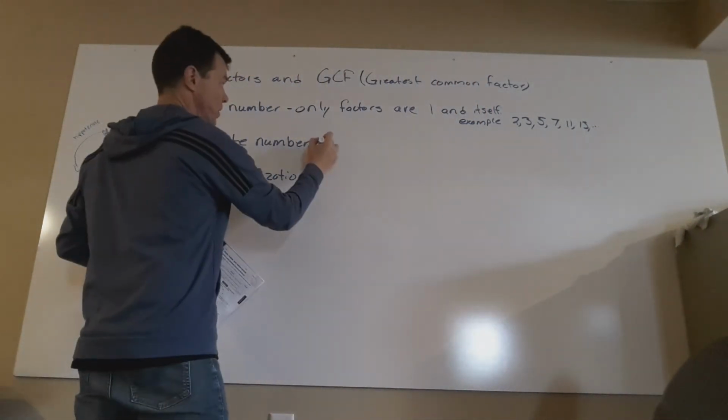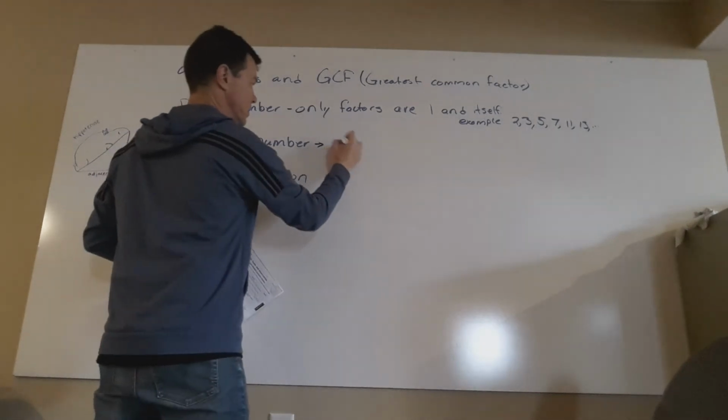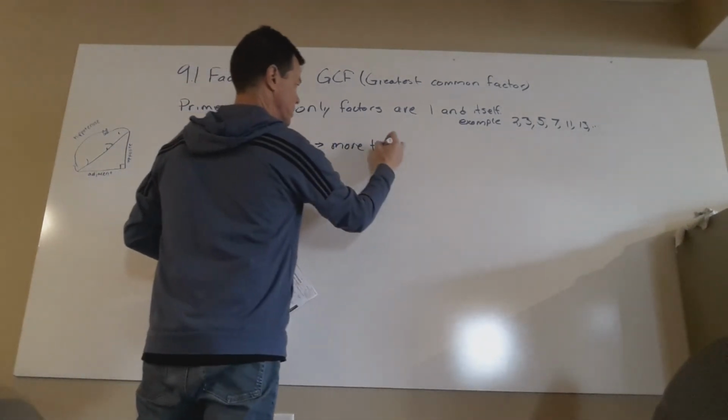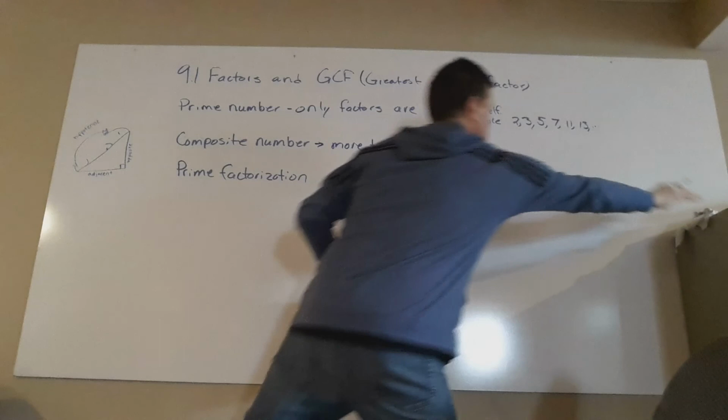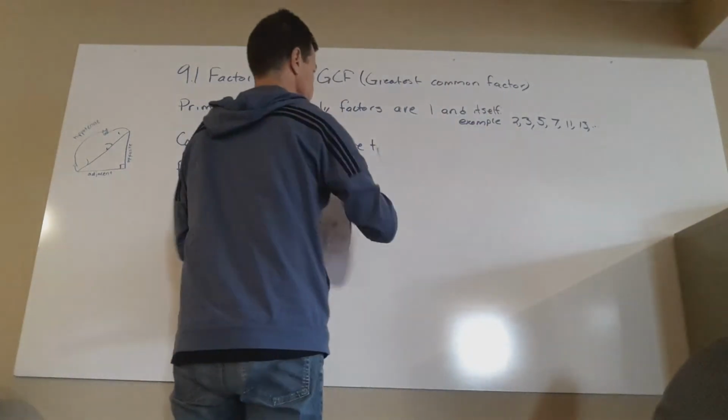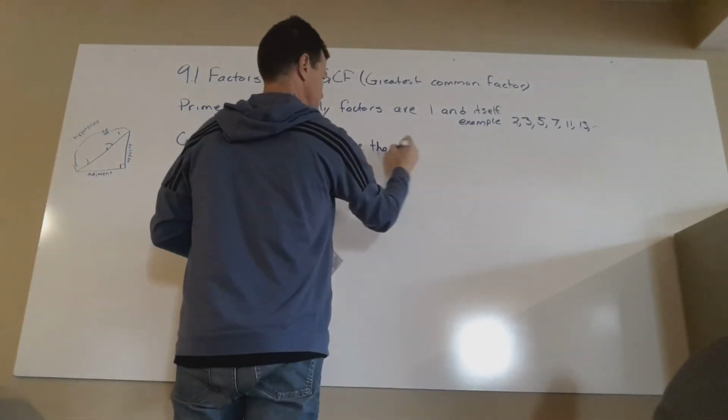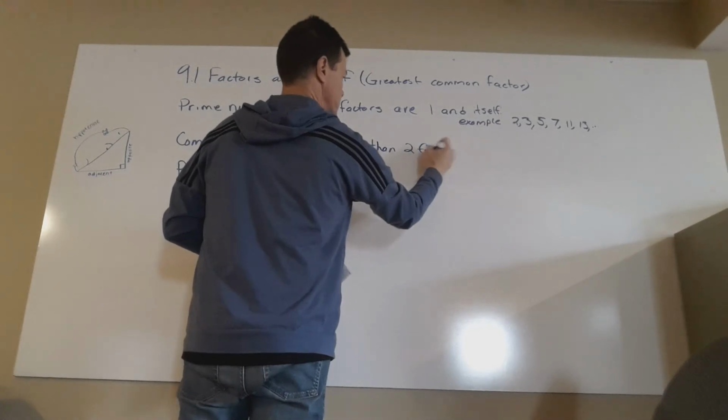Composite numbers have more than 2 factors.